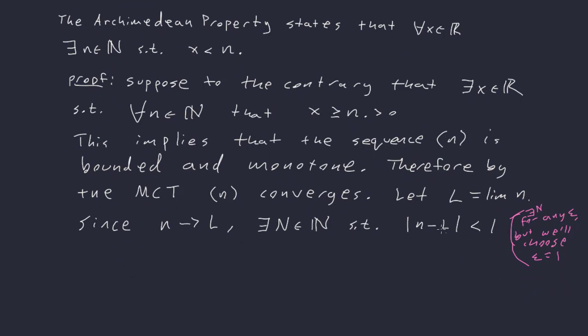Then, and this is true, I didn't specify, but there exists a capital N such that this is true for little n greater than or equal to big N. Specifically, the absolute value of capital N minus L is less than 1.